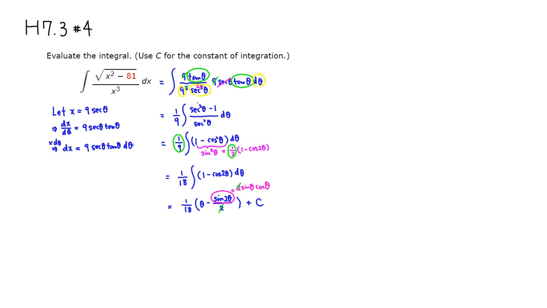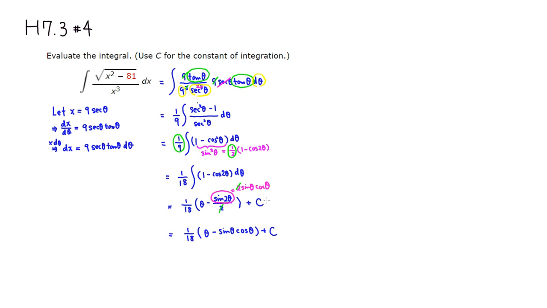I'm going to clean up so that I don't get confused. So this is going to be 1 over 18 times theta minus sine of theta cosine of theta, plus some constant c.